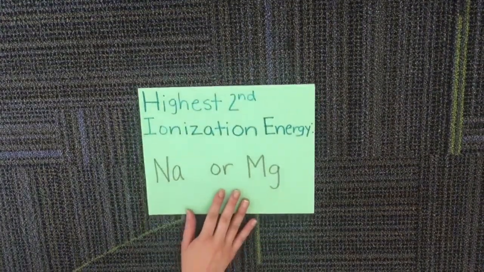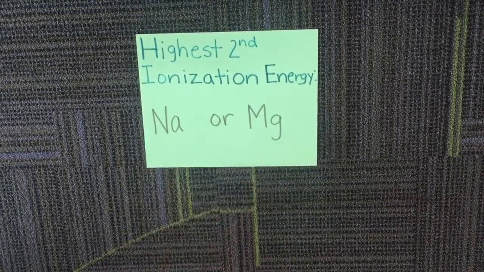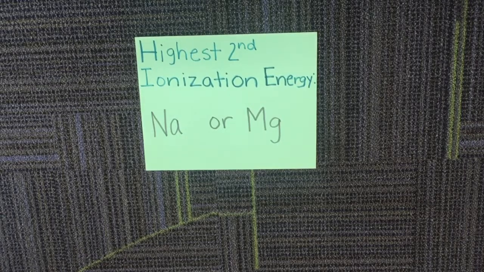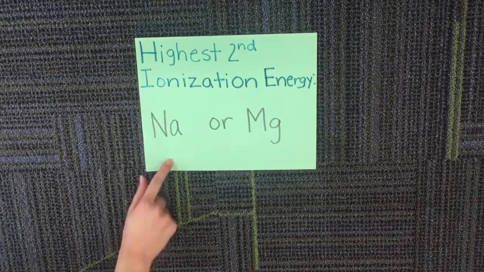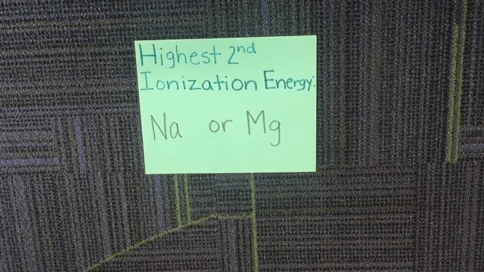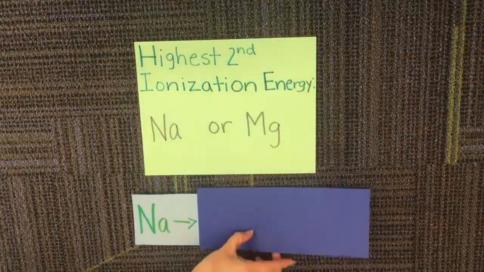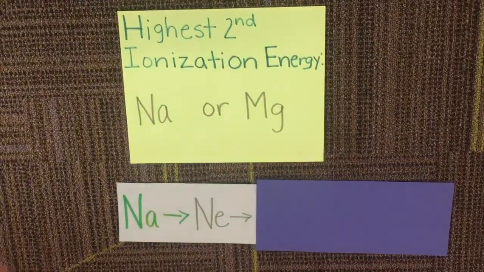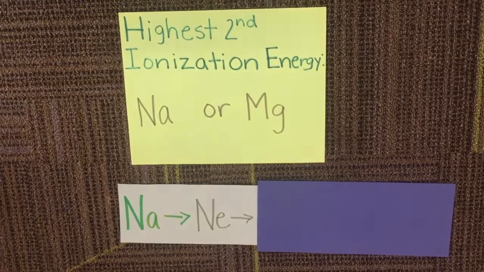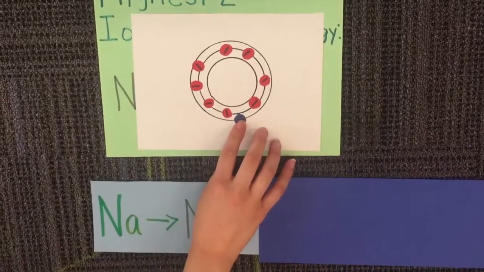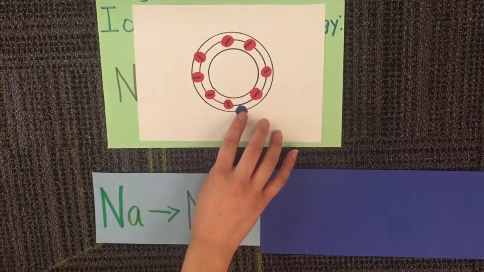Let's try one more example, this time dealing with the second ionization energy. Which of the following has the highest second ionization energy? Sodium or magnesium? Starting at sodium and then moving to neon, the valence shell will then be complete, causing the ionization energy to be lower as a result of the stability.